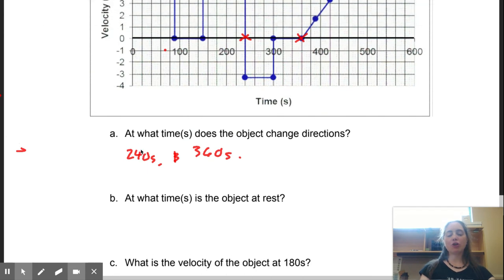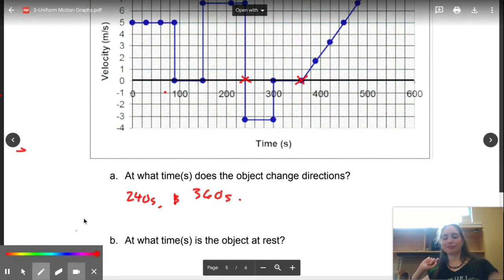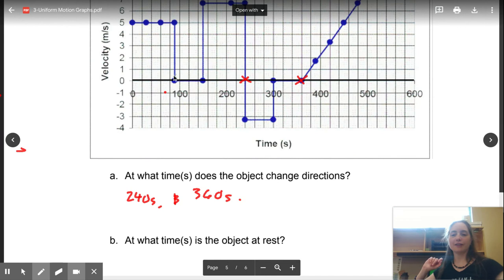What times is the object at rest? Well, when is an object at rest on a velocity time graph? When its velocity is 0. Okay, so, well, here our velocity is 5. Oh, there we go. And that's about 90 and about 150. It's about 90 seconds to 150 seconds.